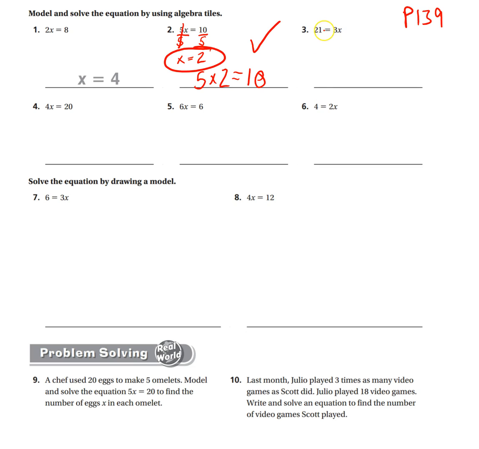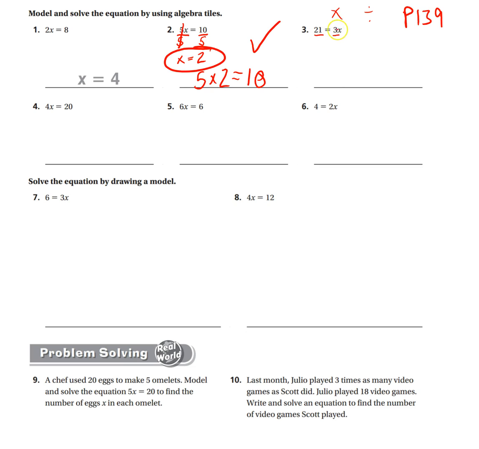So on problems like this, I would prefer to just look at it and go, okay, on the side of the equation with the variable, if I want to get that x by itself, I have to do the opposite, the inverse operation. This is a number with a letter right next to it, so that means it's multiplying. The opposite of multiplying is dividing.